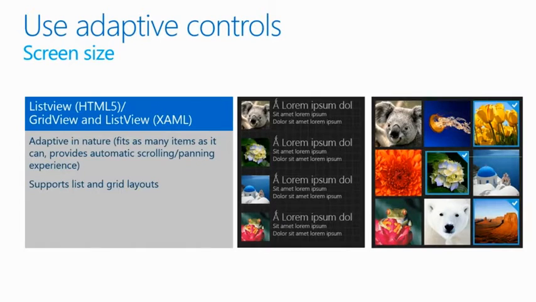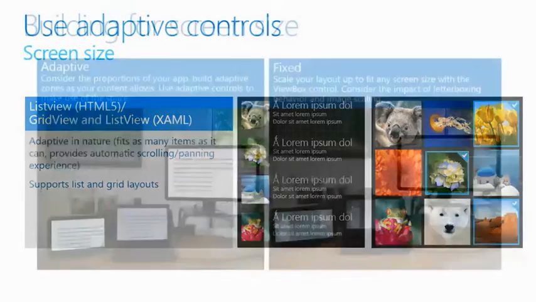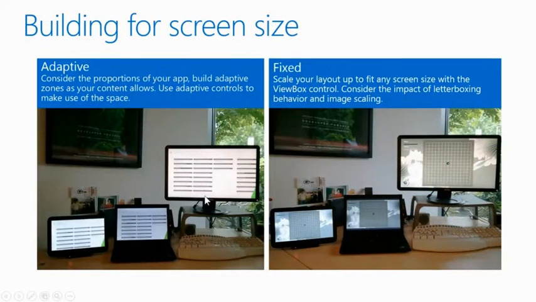So if we're going to be adaptive, we should try and take advantage of what's available for us to use already. The grid view and the list view are great because, going back to this example, if I use a grid view and give it data items and there's more screen real estate, it's going to use the extra space. So that's a great thing to use. I don't have to worry so much about what aspect ratio the screen is.